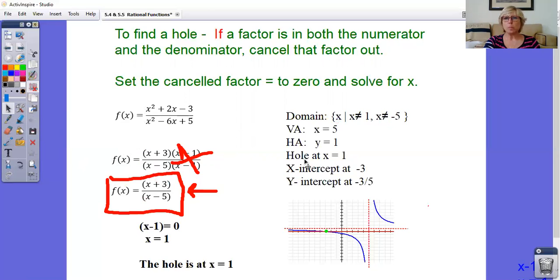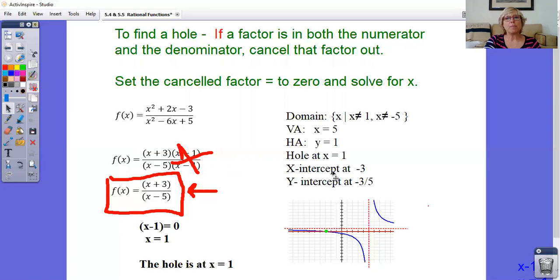Now this hole, what we have to do to find the hole is take one of those binomials that we canceled out, set it equal to 0, and we're actually going to have a hole at x equals 1, okay? So right about here at x equals 1, there's going to be a little hole in the graph.